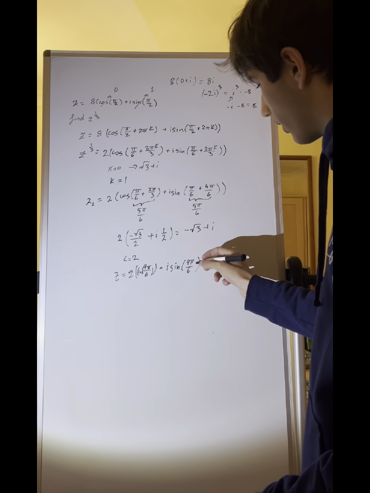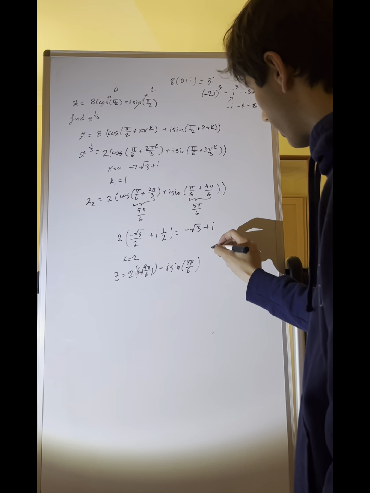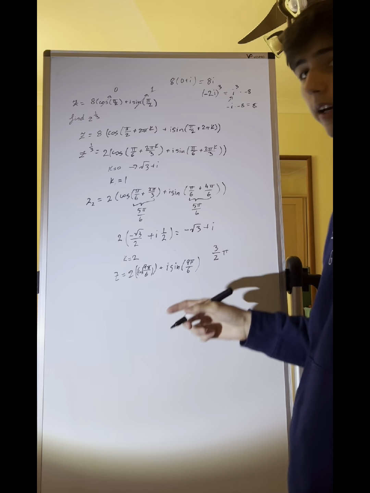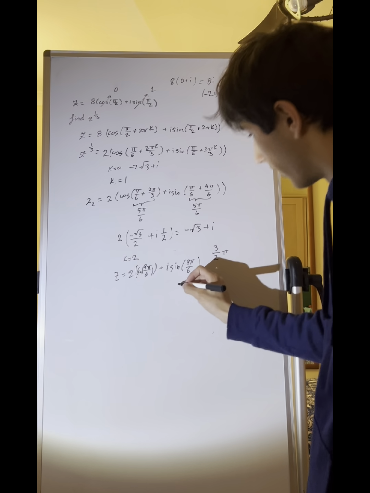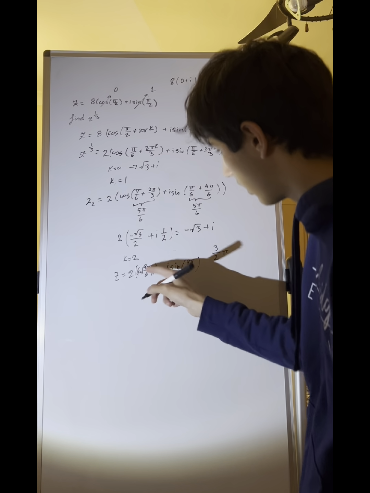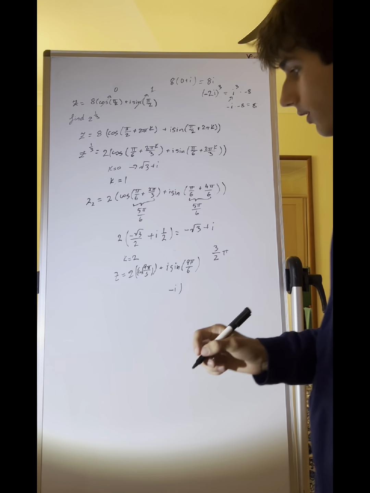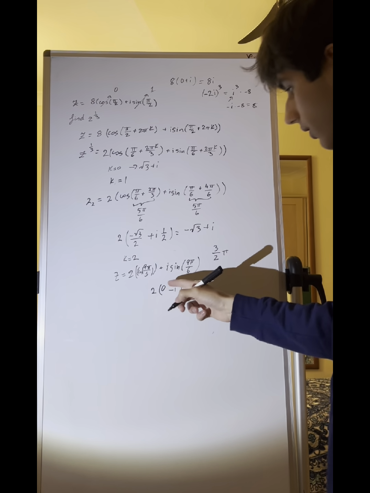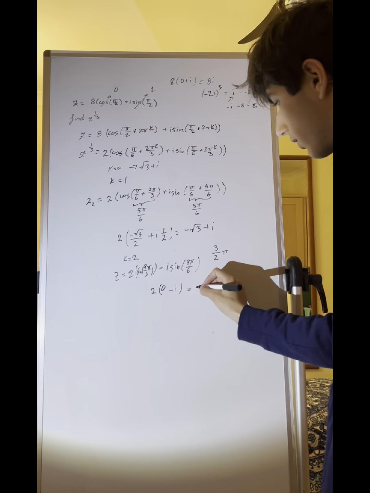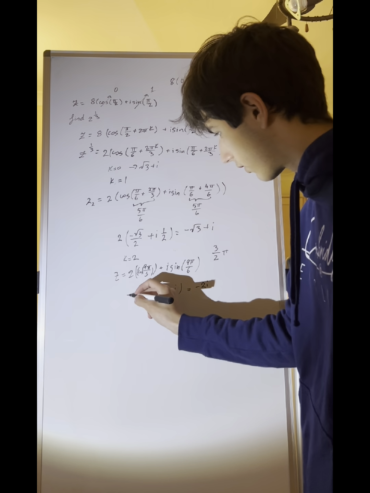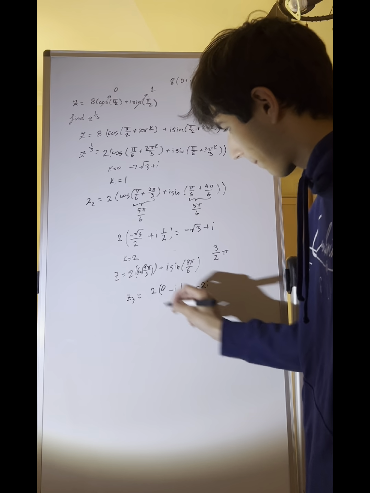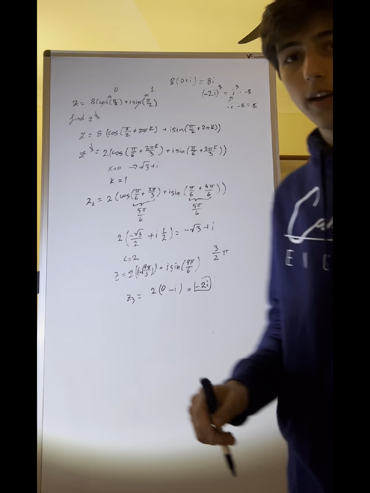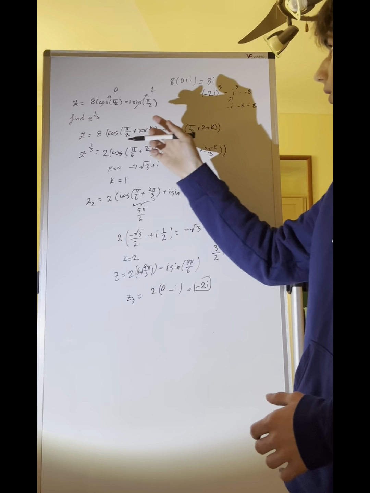So 9 pi over 6 is the same as saying 3 over 2 pi. And sine of 3 over 2 pi is negative 1, so this is negative i. And cosine of 9 pi over 6 is 0. So we get 2 times 0 minus i, which is negative 2i. So that's just the third root right there. So I did miss these two solutions, but those are also roots of 8i.